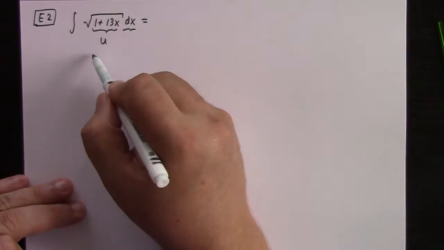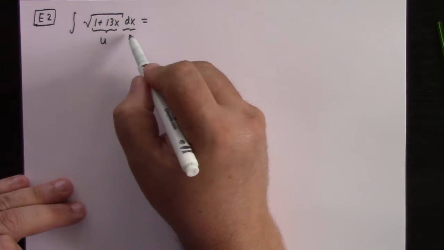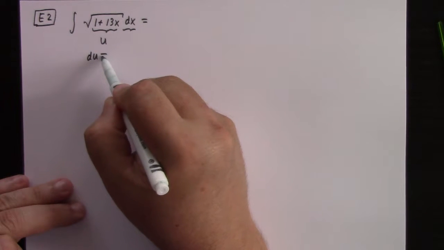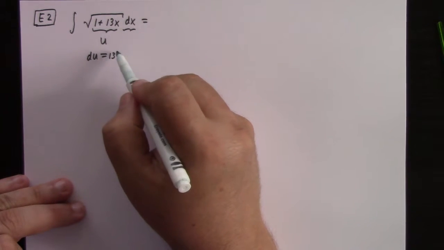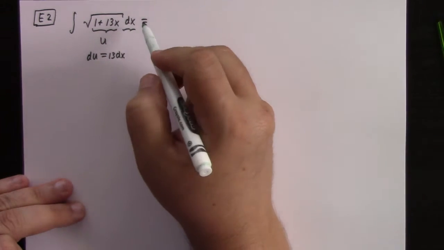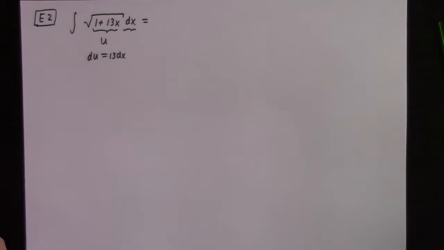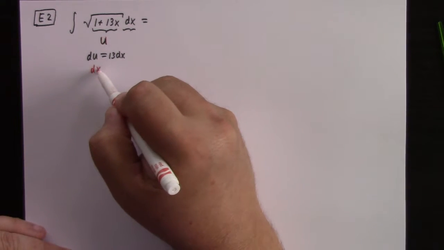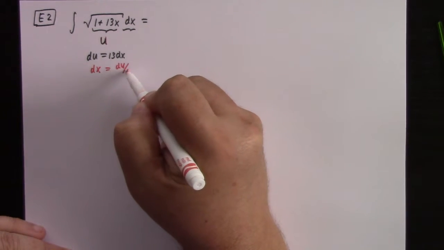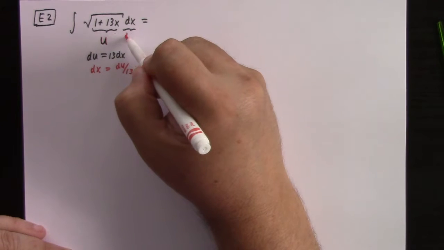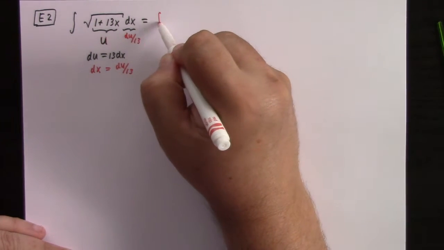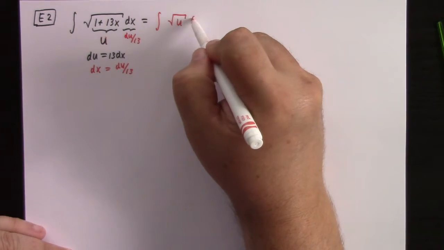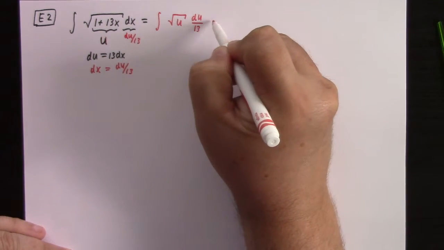So du is equal to 13 dx, so I can rewrite dx as du over 13. So this is the integral of the square root of u times du over 13.